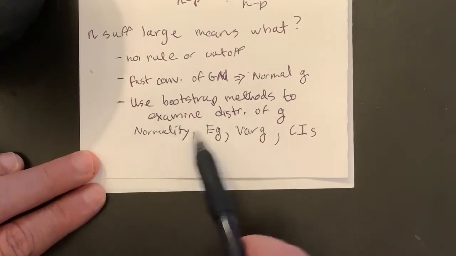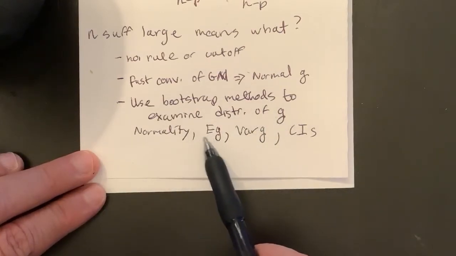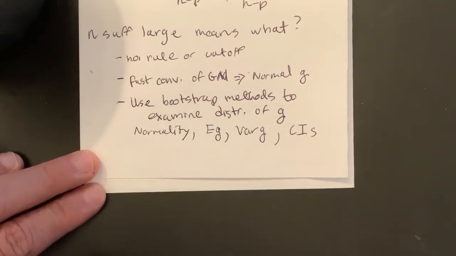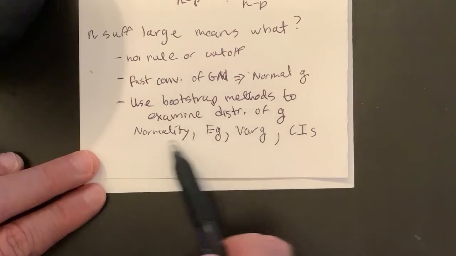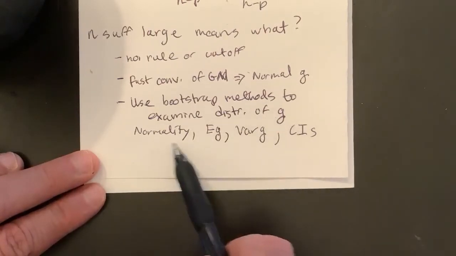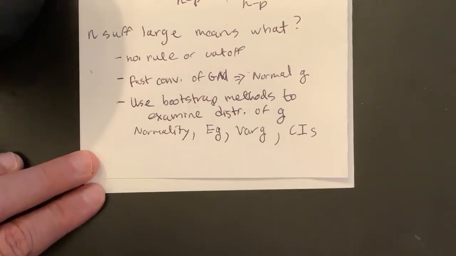So with this bootstrap method, we can check normality, see if normality is reasonable. We can check the expected value of G, see if it's reasonably unbiased, and the variance of G. And from this, even without the theorem, we can also estimate confidence intervals.